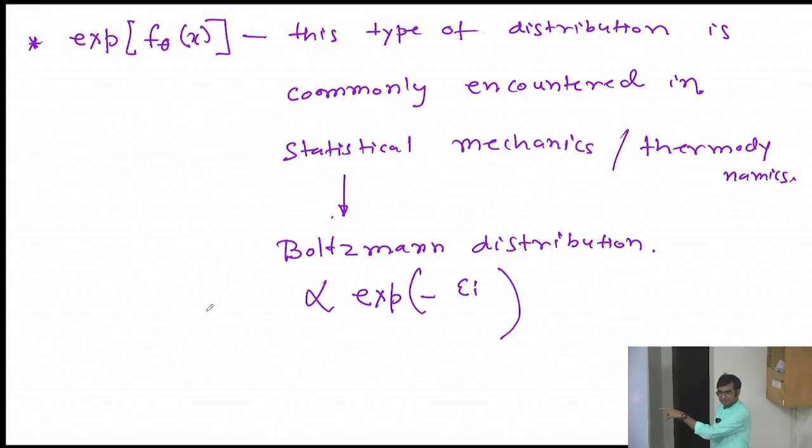This is the Boltzmann distribution, and the idea is that maximizing the PDF should be equivalent to minimizing the energy. So the way I see it is that if you have a PDF, right, maximizing the PDF means what? Finding out the mode, right? You reverse it.